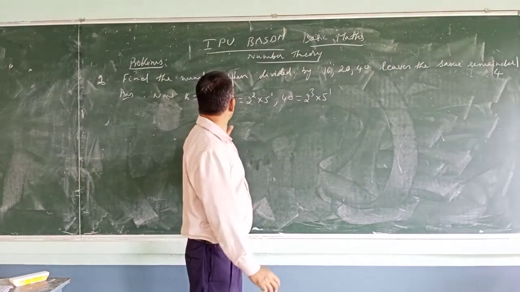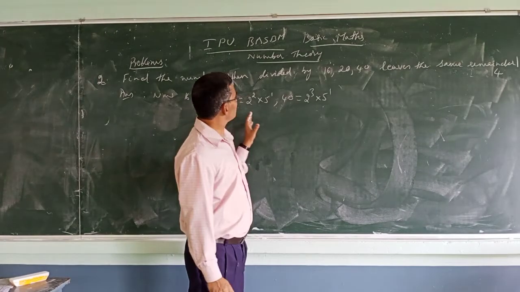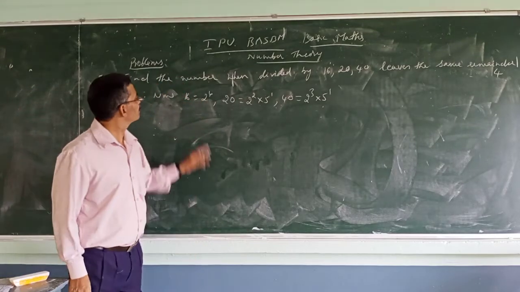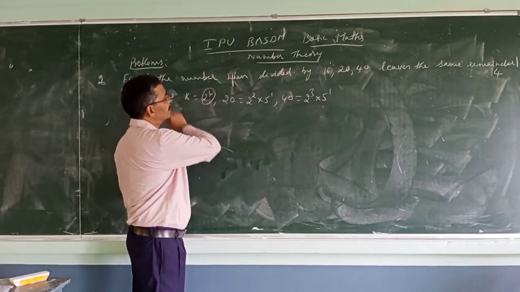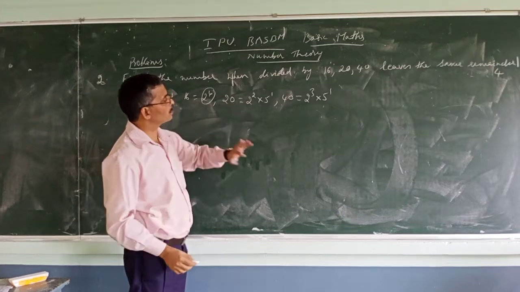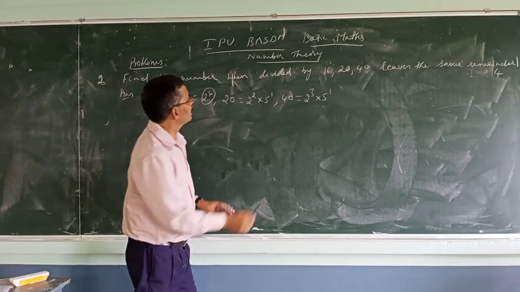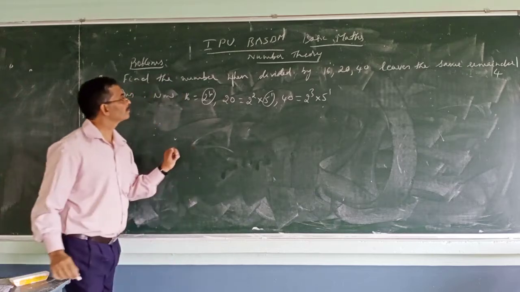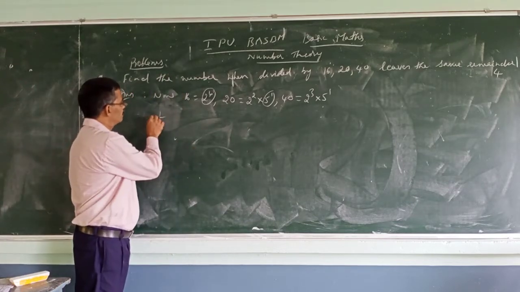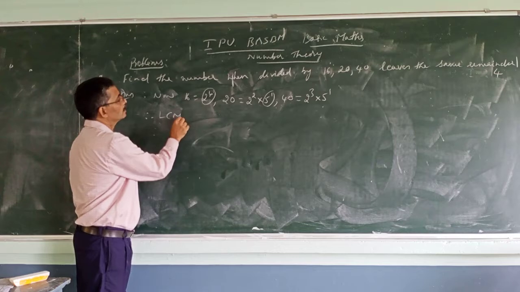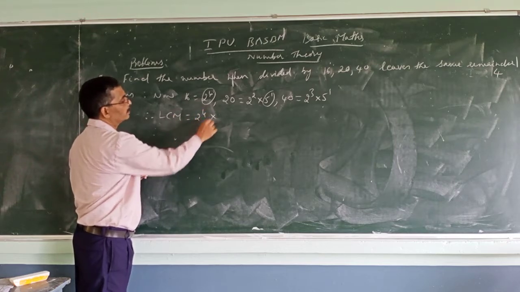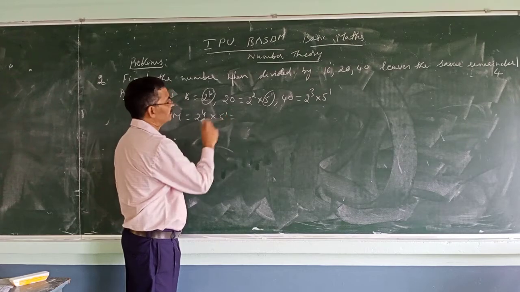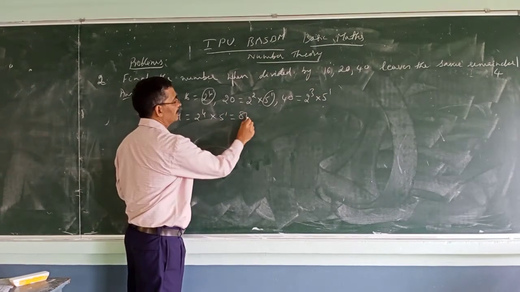So the LCM is the product of the highest powers of all the factors. 2 to the power 4 is here, the others have 2 square and 2 cube, which are less. 5 to the power 1 is here. So the LCM is 2 to the power 4 into 5, which is 16 into 5, 80.